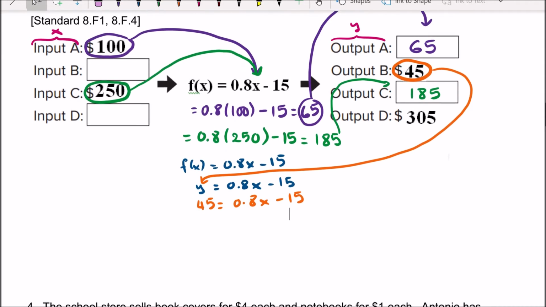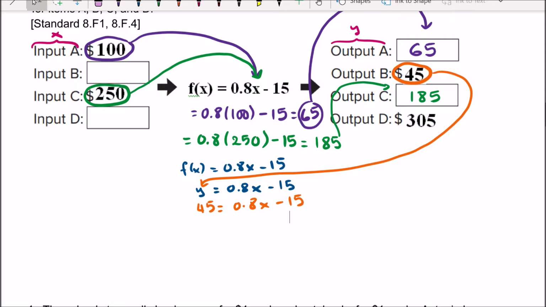We learned about solving an equation with one variable last semester. First, look at the sign between the variable and the number, which is subtraction. So we're going to add 15 on both sides. That will give us 60 equal to 0.8x.